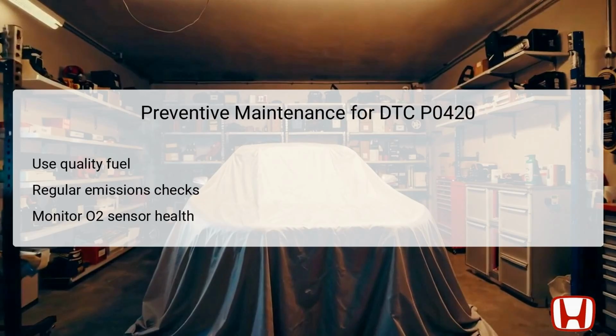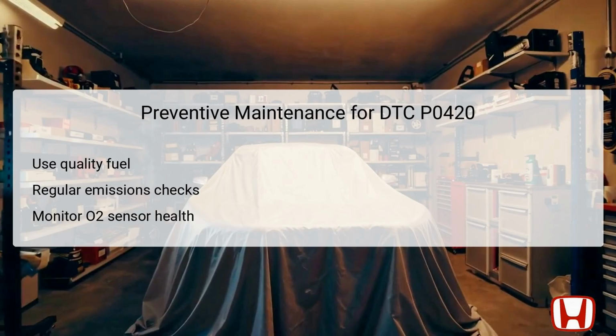Preventive maintenance is a critical aspect of ensuring the long-term health of the catalytic converter and associated emissions components, thus helping to avoid DTC P0420 in the future. One of the first steps is consistently using high-quality fuel, which can significantly minimize the risk of buildup or contamination that leads to catalytic converter failure.